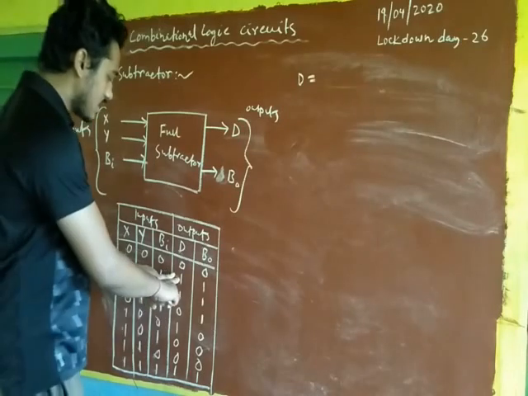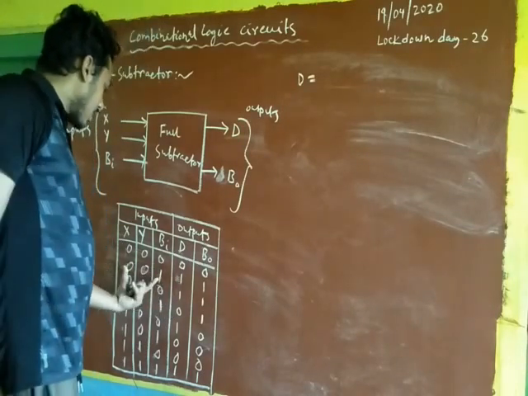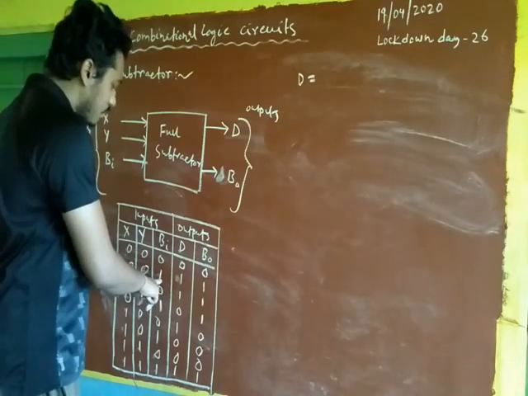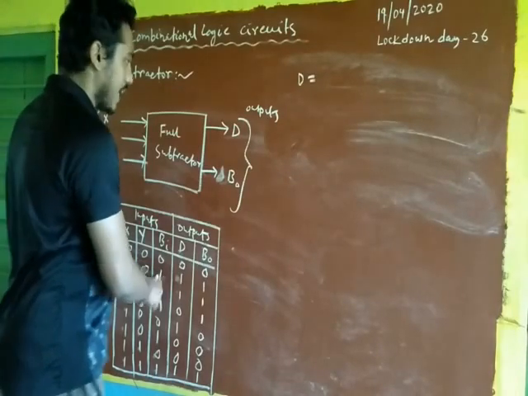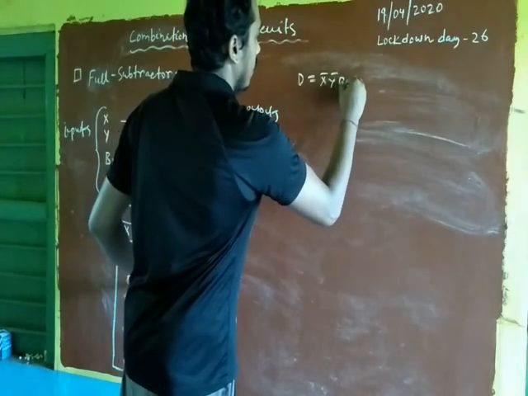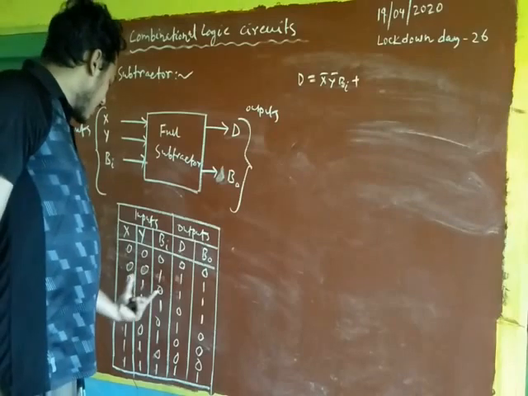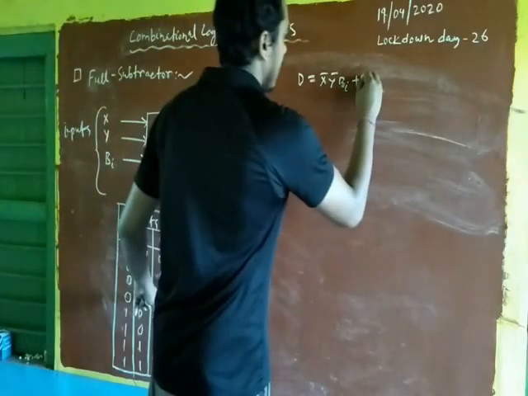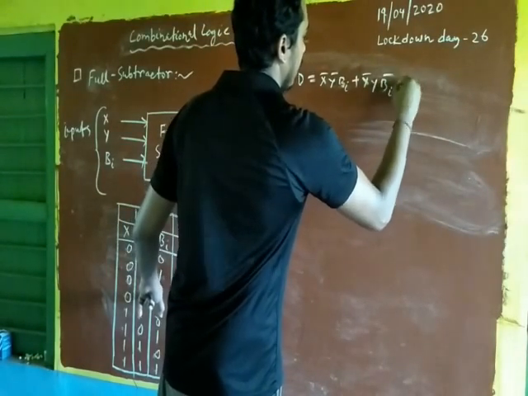Okay, so first we check for this one. What is the corresponding input combination? x is 0, y is 0, bi is 1. So it is x bar, y bar, bi, plus. Now for this one, the corresponding combination of inputs is x bar, y, bi bar.